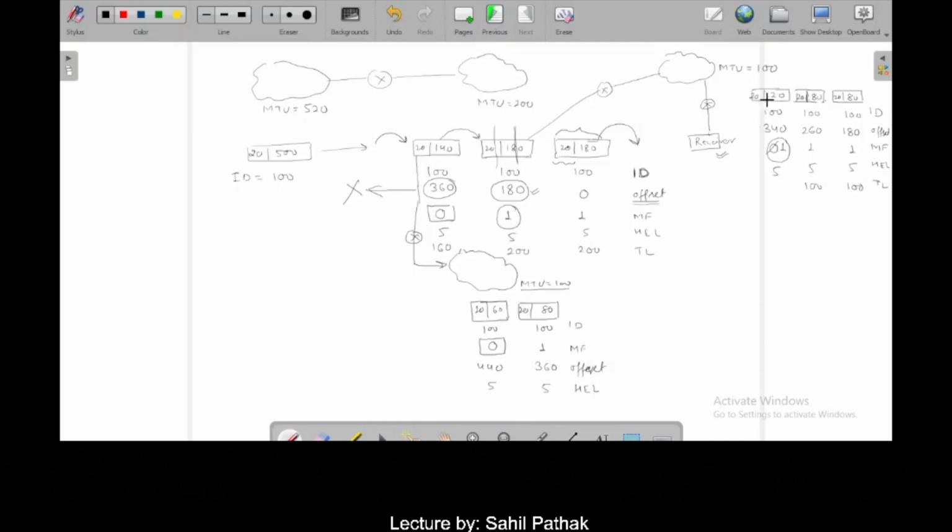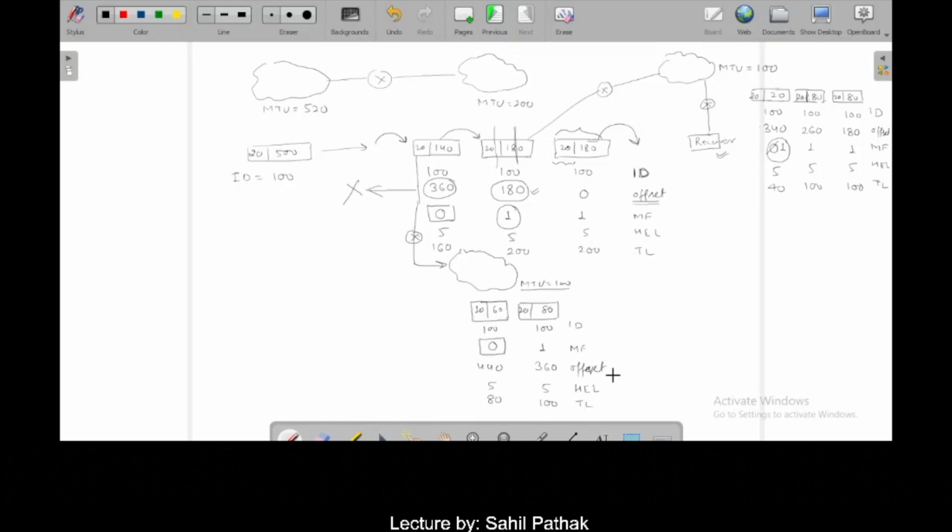Here we have 20 plus 20, that is 40. And if we talk about the total length here, that is 80 plus 20, that is 100. Here 60 plus 20, that is 80. So this is what the other field. Now how are we going to calculate the number of bytes ahead.